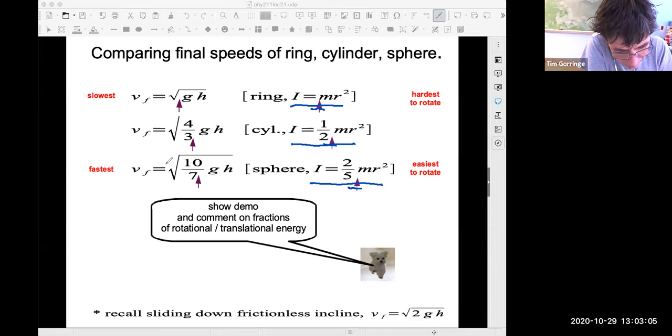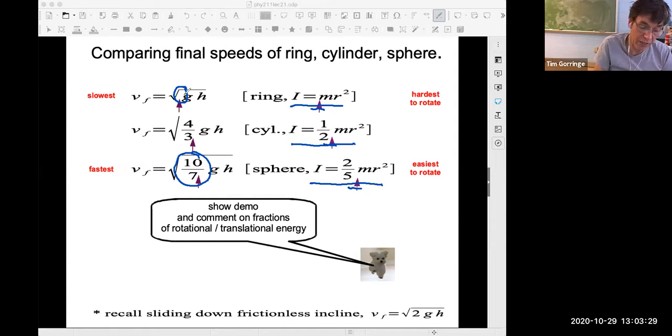You see, the largest number corresponds to the sphere. So the sphere is going fastest at the bottom of the incline. The smallest number, it's a 1, corresponds to the ring. That's going slowest at the bottom of the incline.